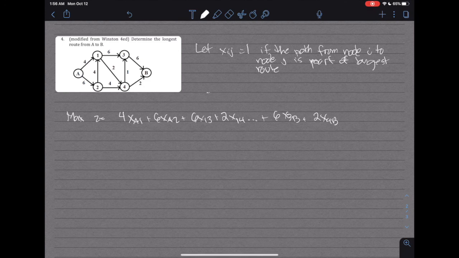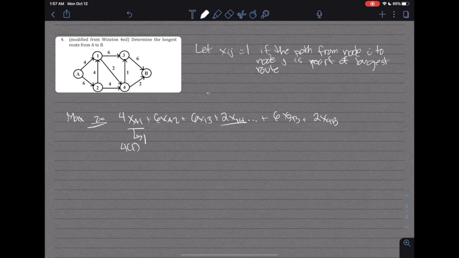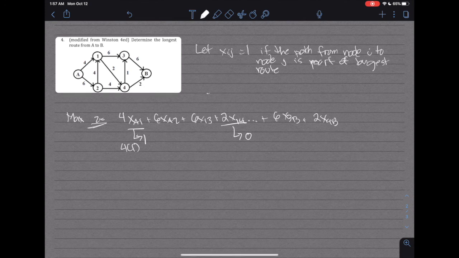So again, if xA1 is part of the path, this gets a value of 1, and the value of 4 times 1 is part of the longest route distance. And if x14 is not part of the longest route, it becomes 0, and the distance does not contribute to your longest distance.